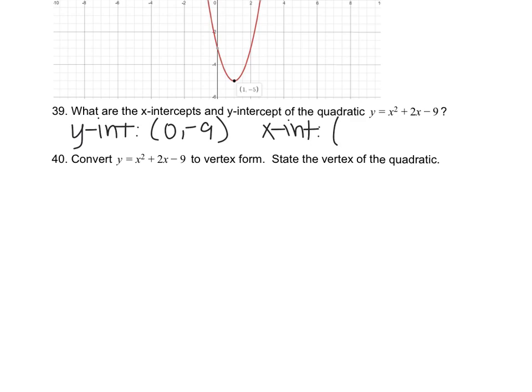Our first one is going to be at -4.1620, and our second one is going to be at 2.1620.